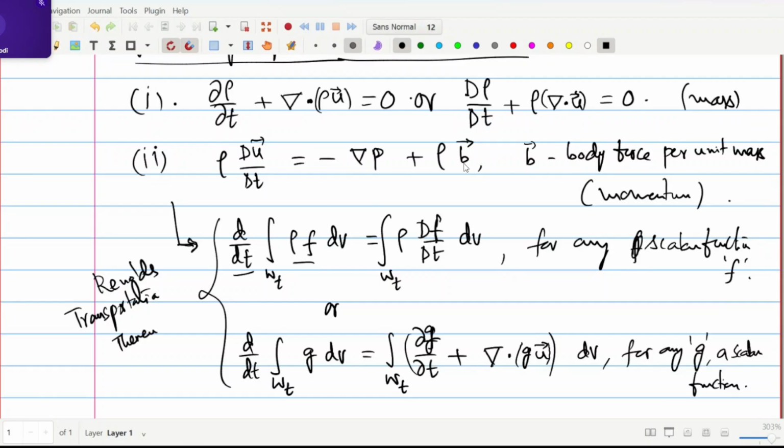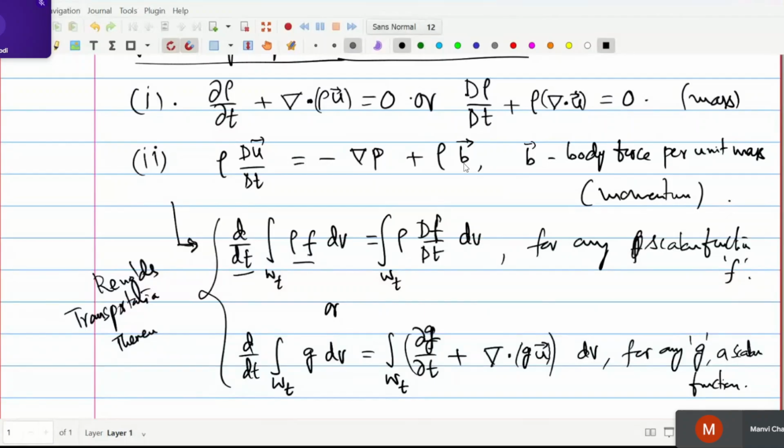So where do you start? If you see the last lecture, yesterday's lecture, after that, in the third line you have d/dt of the integral of rho u bar. There you replace u by f.